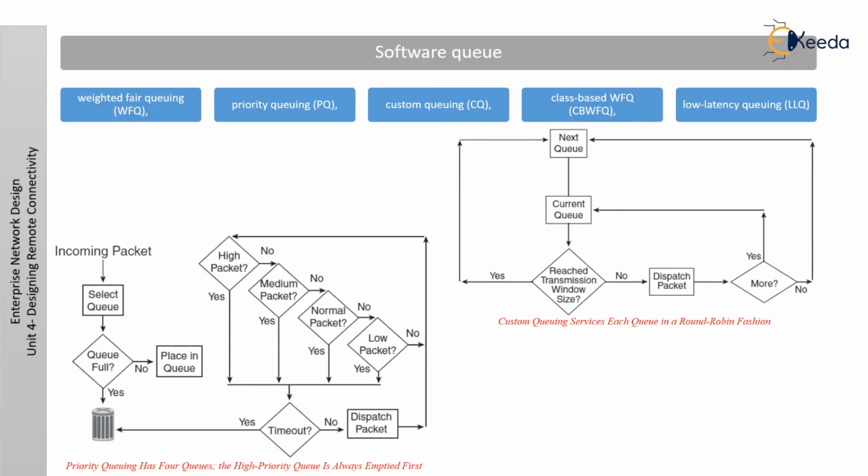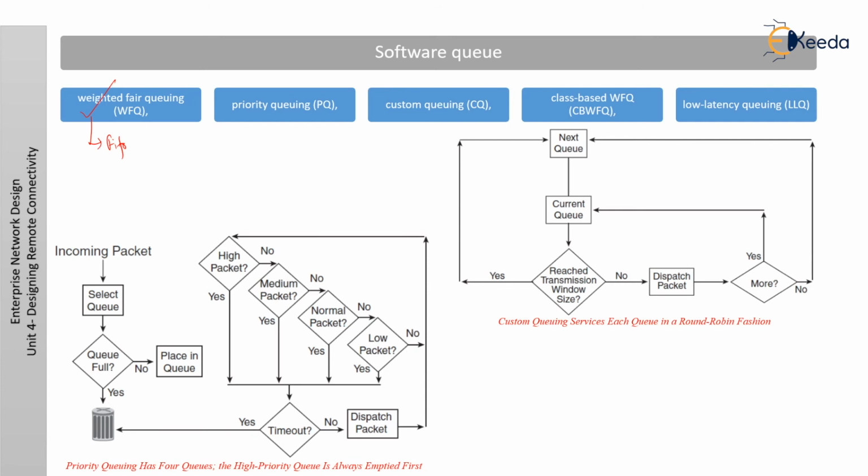So in the software queue, let us first discuss weighted fair queuing. Weighted fair queuing handles the problem inherent in queuing schemes on a FIFO basis. FIFO, when implemented, is very simple. Weighted fair queuing assesses the size of each message and ensures that high volume senders do not force low volume senders out of the queue.